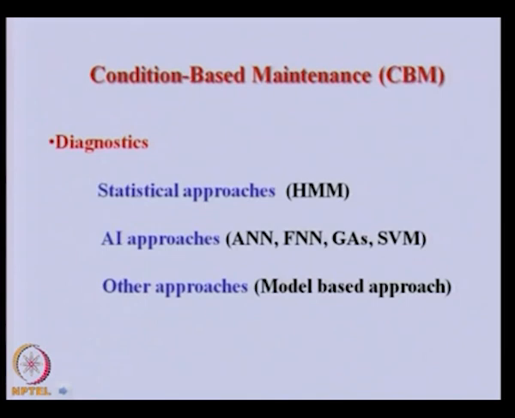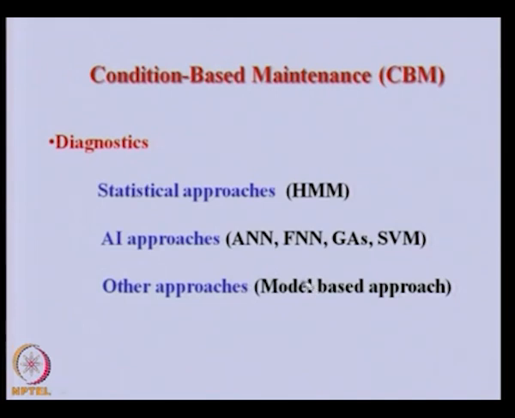For diagnostics, we have different statistical approaches like hidden Markov process, or artificial intelligence approaches: artificial neural network, genetic algorithm, support vector machine. Other applications are model based, because for various kinds of faults like unbalance and misalignment, we can have a mathematical model.